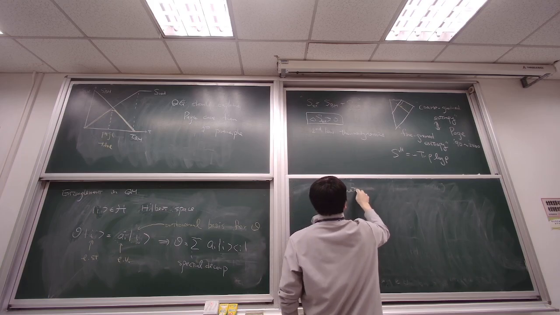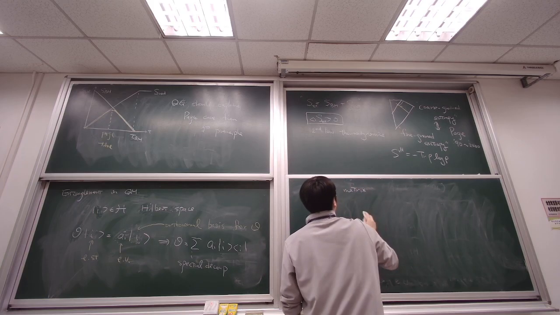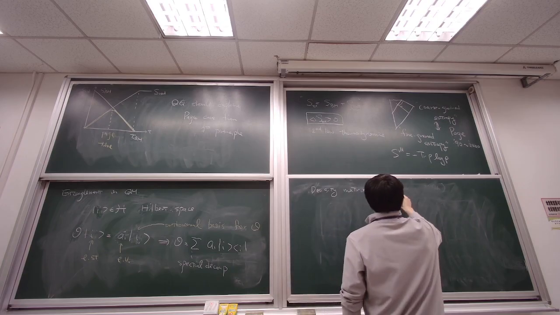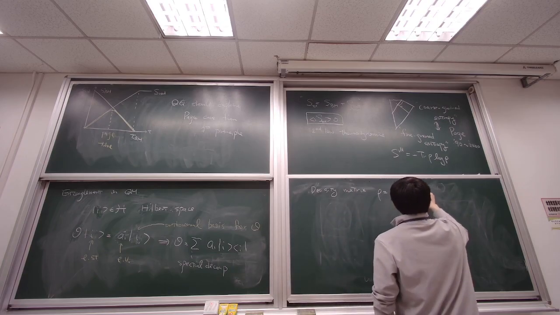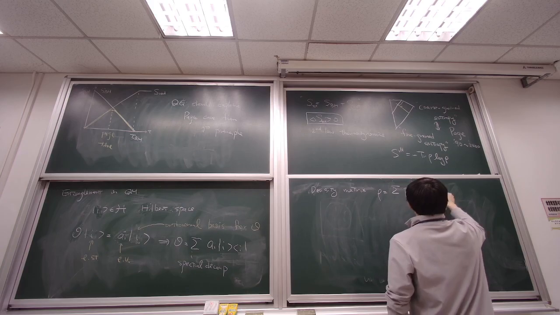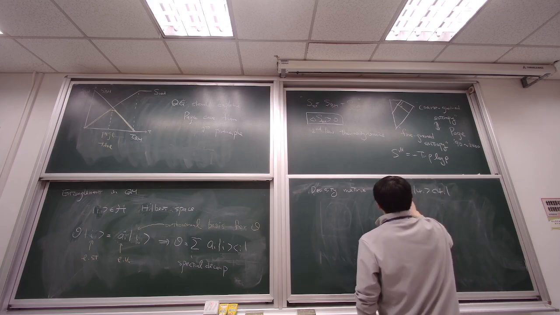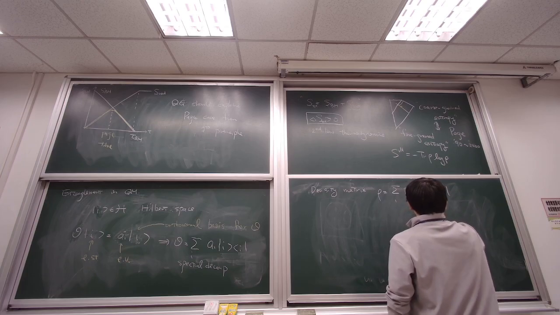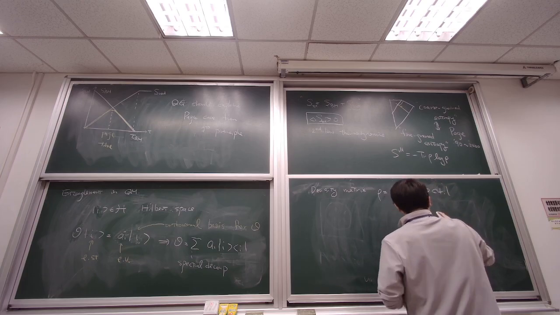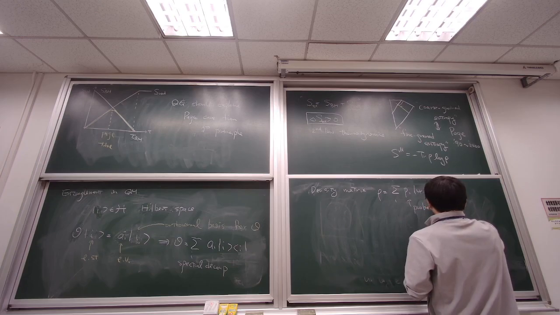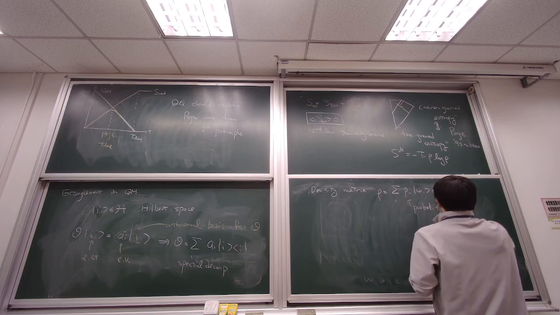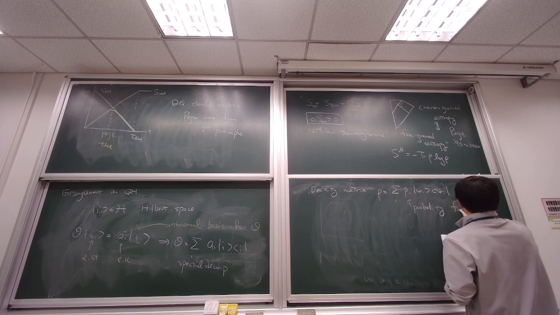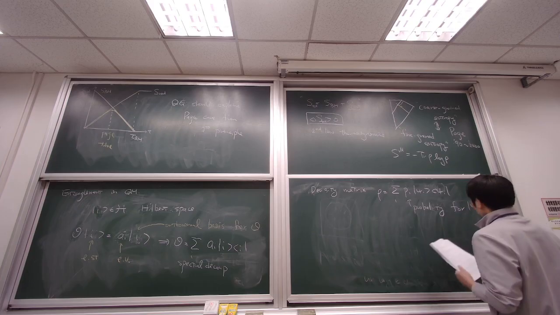The density matrix of the system, rho, is written something like this: the sum over i of p_i times psi_i psi_i, where p_i is kind of a probability for the system to be in the state psi_i.